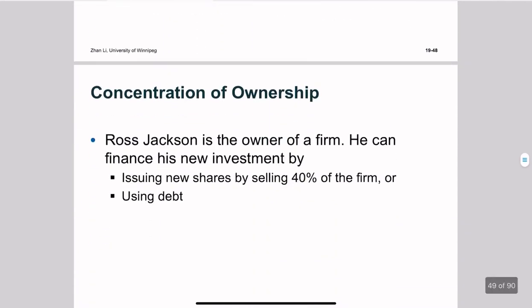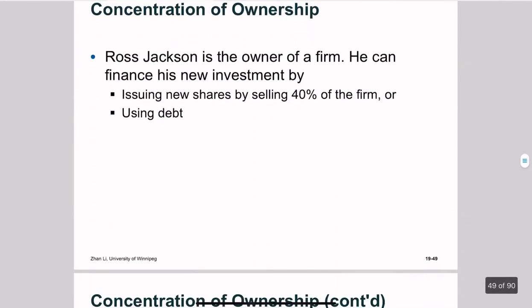So let's see this example here. This guy, Ross Jackson, is the owner of a firm, and he can finance his new investment by two forms of financing. First, he could issue new shares by selling 50% of the firm, or use debt.